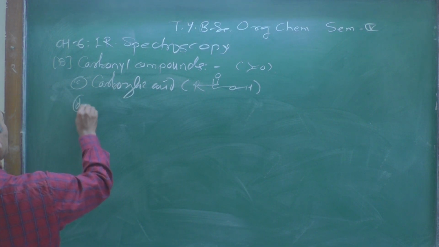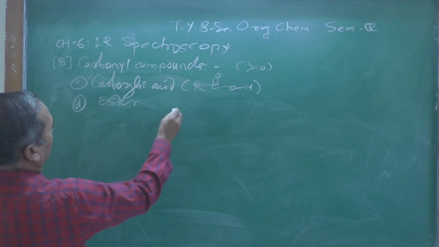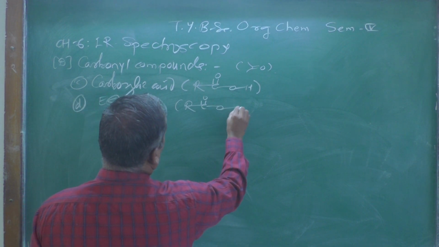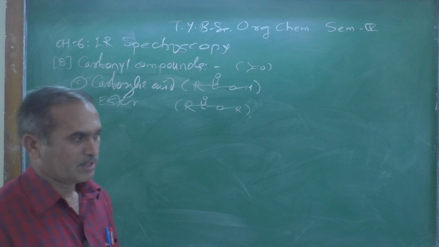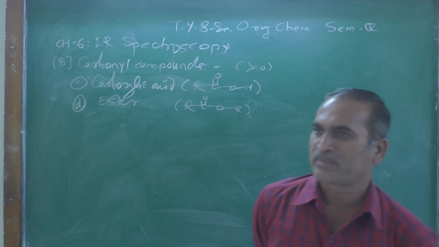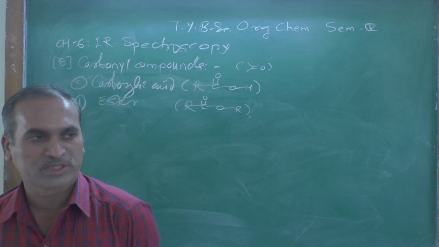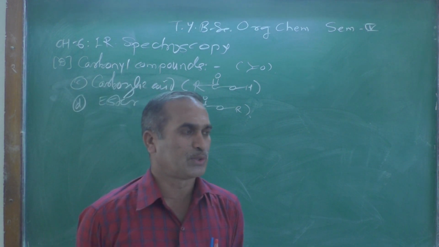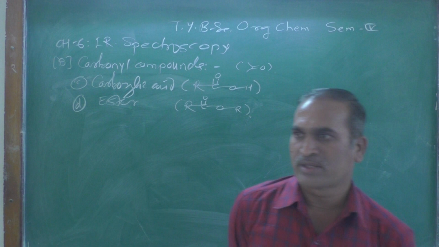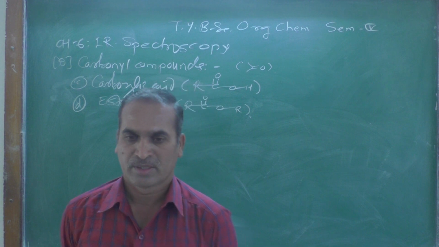Another one we are comparatively studying is the ester, and as we know, the ester has the general formula RC double bond O, and O, R. Now if you observe these two structures and their general formula carefully, the peak is generally obtained due to the stretching vibration and the bending vibration.